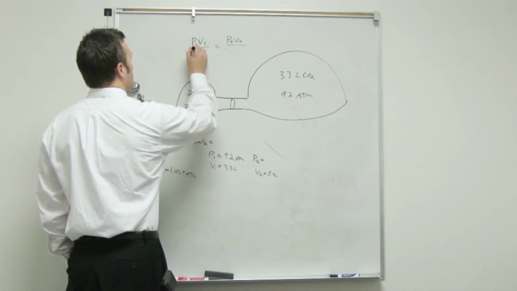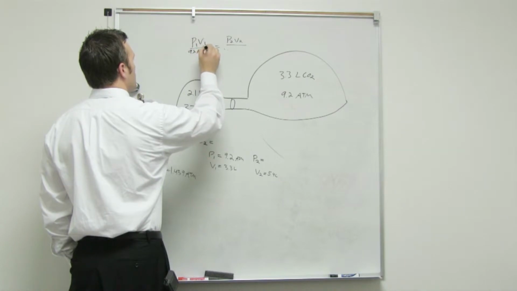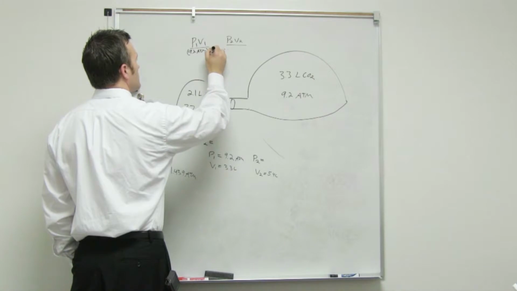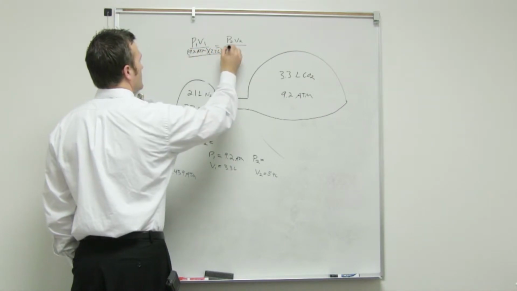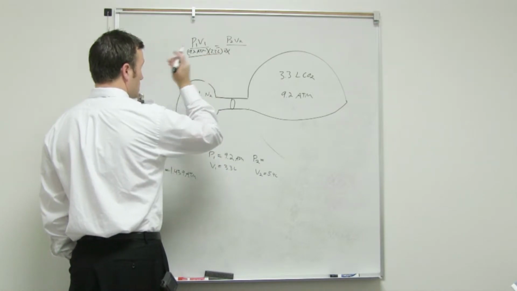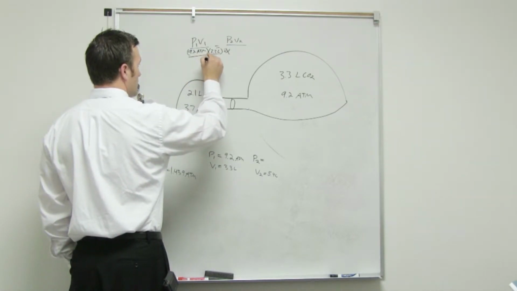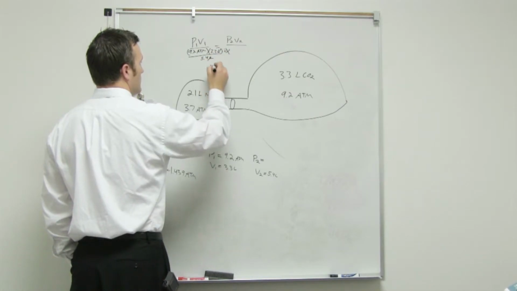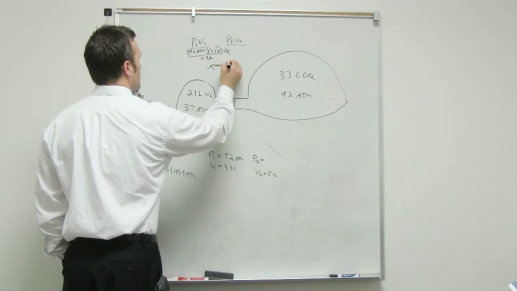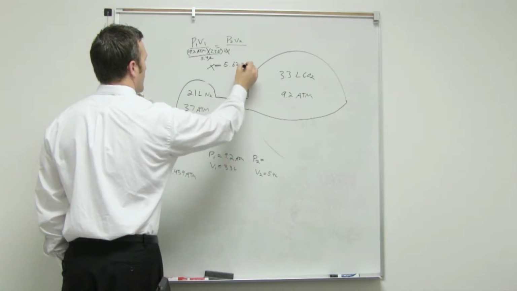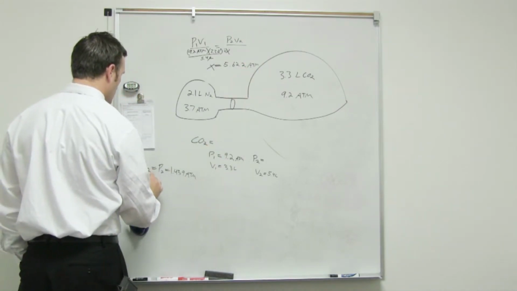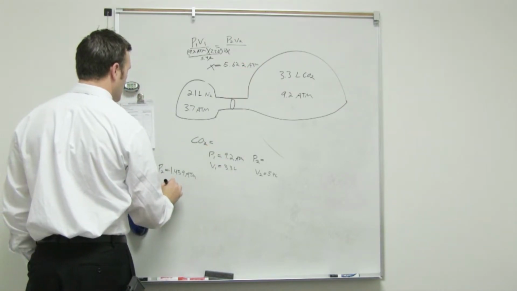Plug in 9.2 atm times 3.3 liters. That's going to equal X, right? Yeah. And then divided by V2, 5.4 liters. Liters cancels. X equals 5.6. So for CO2, 5.6.